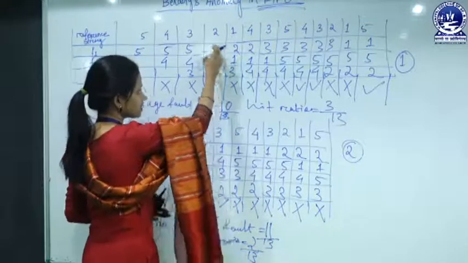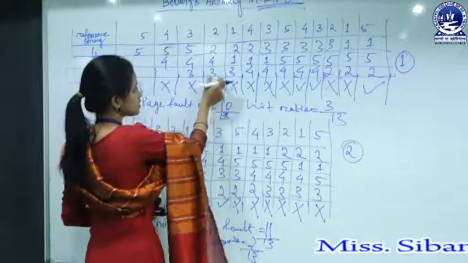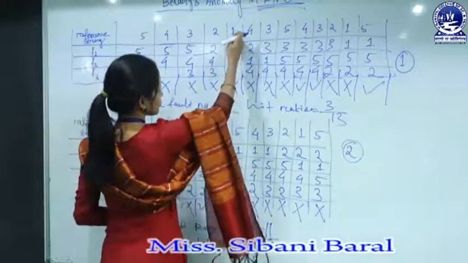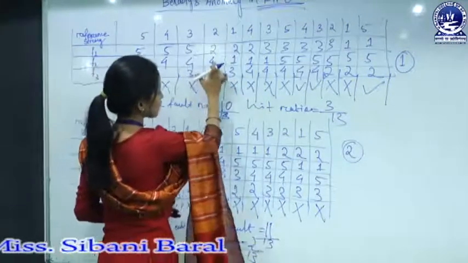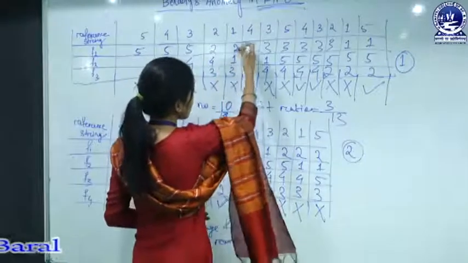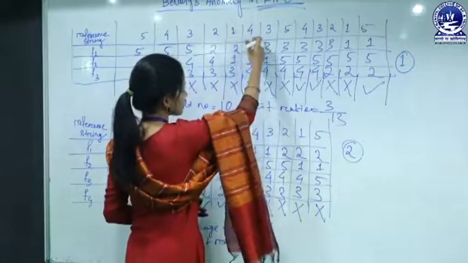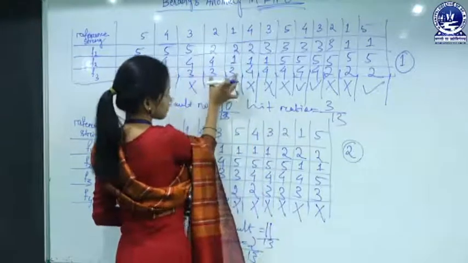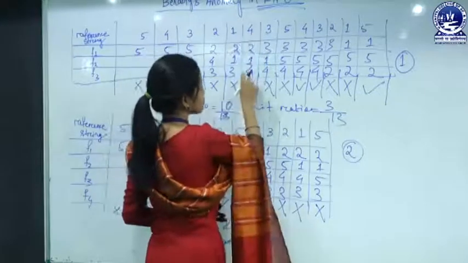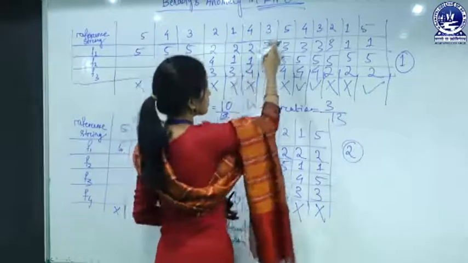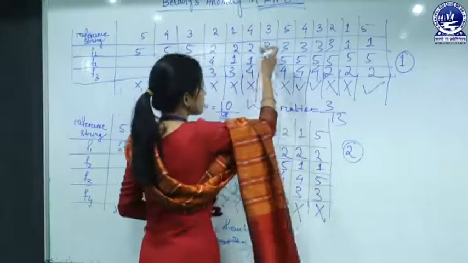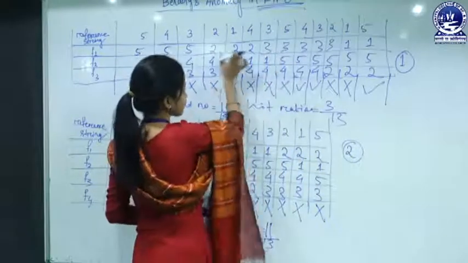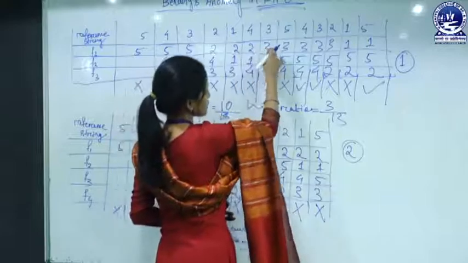2 4 3 is the page, then again 1 is replaced by 4. Again and again here 1 4 is not there, again at the place of 3 we replaced 4, and again 3 is not there, so at the place of 2 we replaced 3.